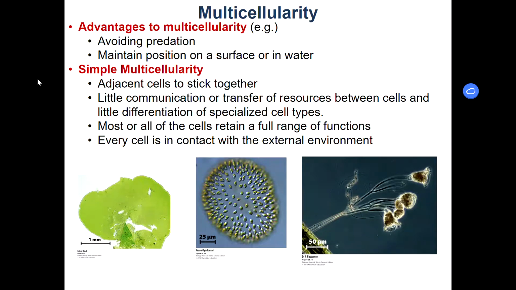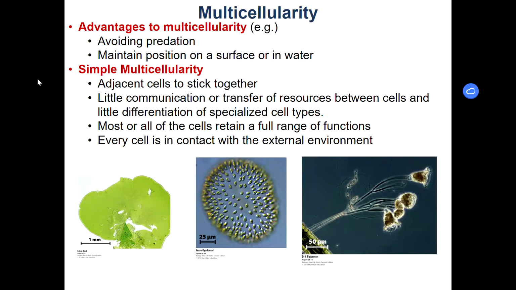We have a lot of cells in our body that never, ever, ever, hopefully ever touch the air. It's really bad if they do. But in simple multicellularity, all of the cells are touching the external environment. And these are pictures of examples of simple multicellularity.